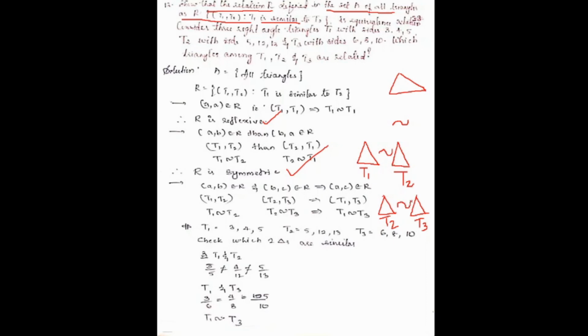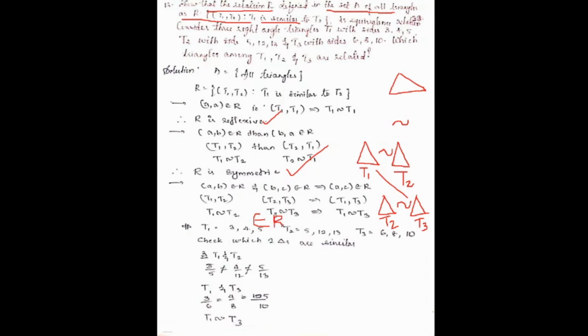T1 is similar to T2 and T2 is similar to T3, then obviously T1 is similar to T3. We need not think much about that. So can we say it is transitive? So R is transitive. Since it is satisfying the reflexive, symmetric as well as transitive conditions, R is an equivalence relation.